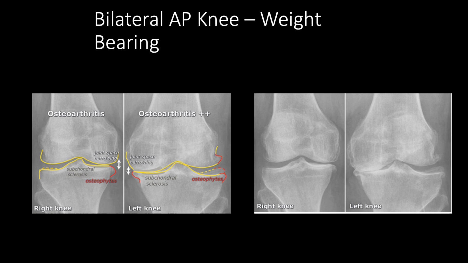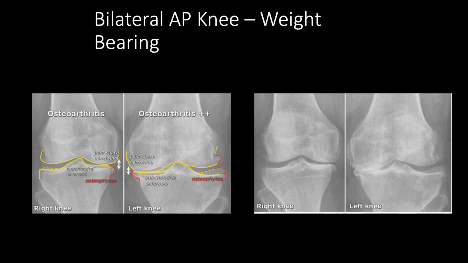Then lastly, the bilateral AP and weight bearing. So if we're really looking for osteoarthritis in particular, and how this adapts to weight bearing, we can do this weight bearing view here, bilateral AP, so they'll be able to compare knee to knee and see the joint space here.